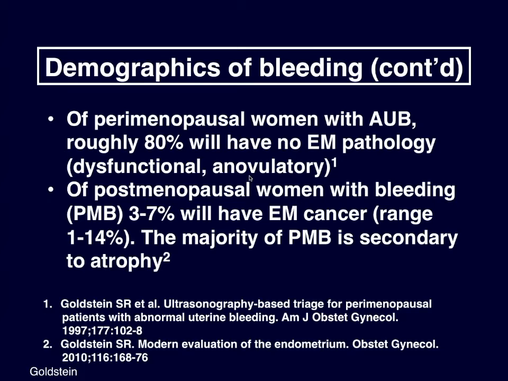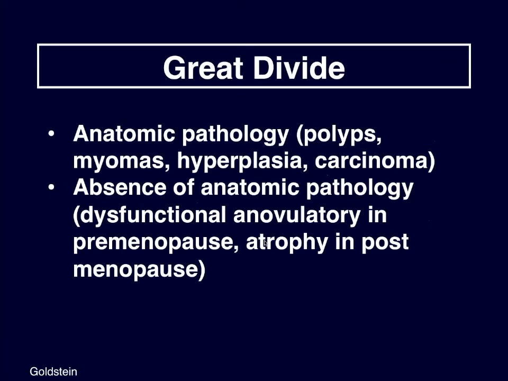In the postmenopausal women who bleed, what we call PMB, 3 to 7% will have endometrial cancer. The range is actually 1 to 14% if you look in the literature, but most studies place it at about 3 to 7%. The majority of postmenopausal bleeding, however, is secondary to atrophic changes. So I've already alluded to the fact that there's this great divide.